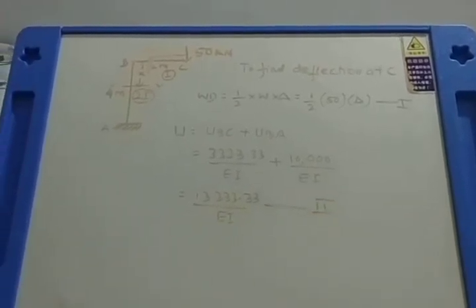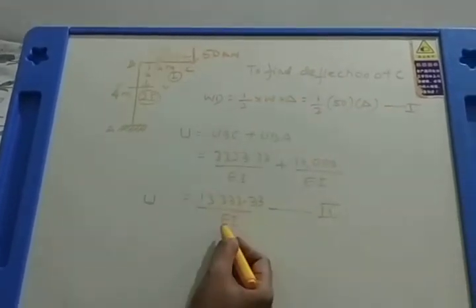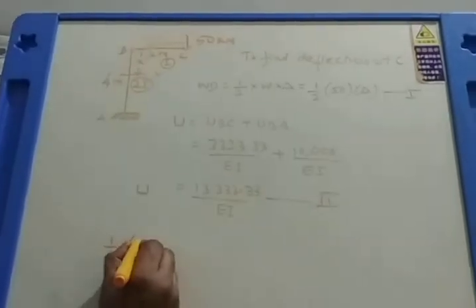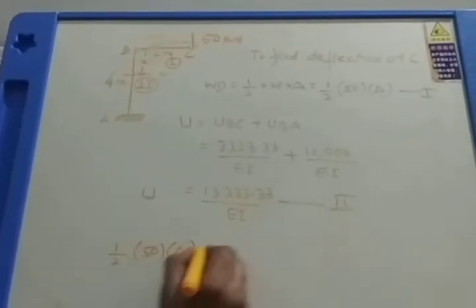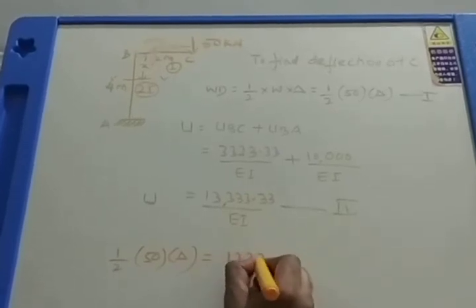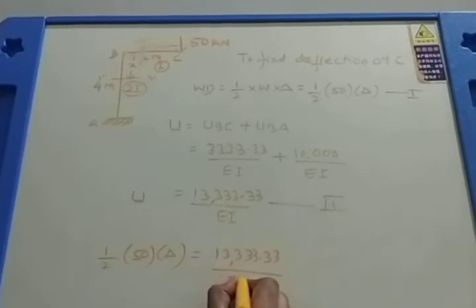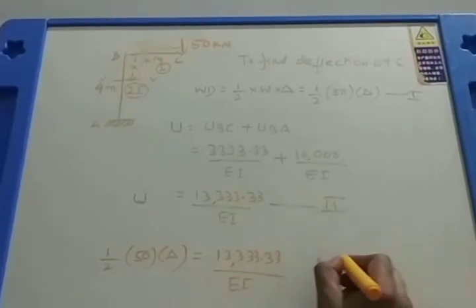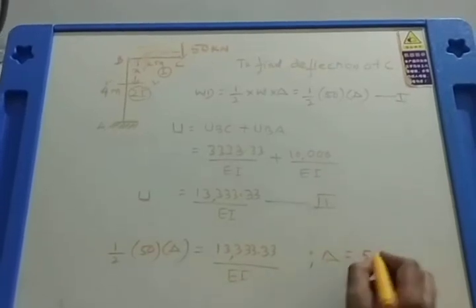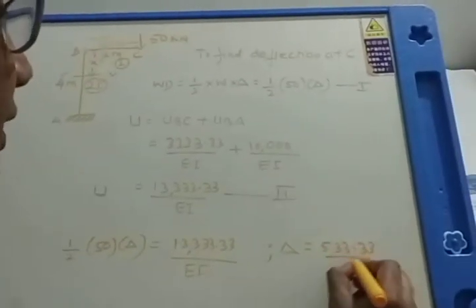According to the principle of strain energy, we have to equate work done to the total strain energy. That means half into 50 into delta will be equal to 13,333.33 upon EI, or delta will be equal to 533.33 upon EI.